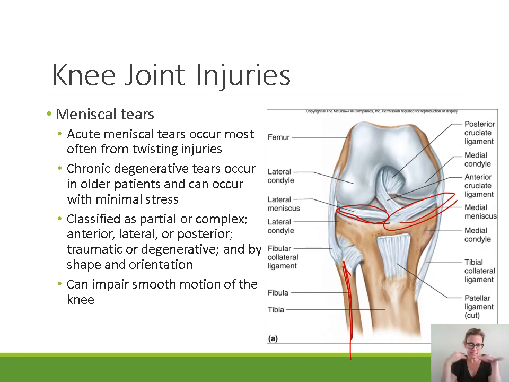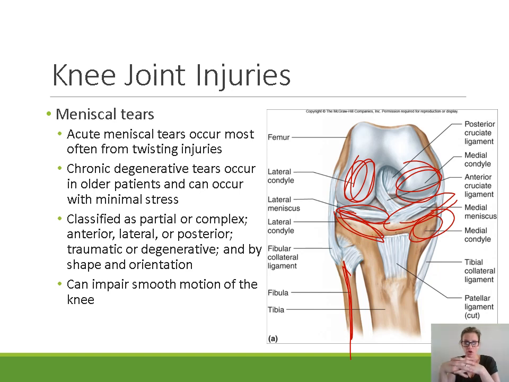Both the lateral meniscus and the medial meniscus are between the femur and the tibia. It's just between the lateral condyle of the femur and the lateral condyle of the tibia. And then the medial condyle of the femur and the medial condyle of the tibia. There's a cartilage pad between both of those.